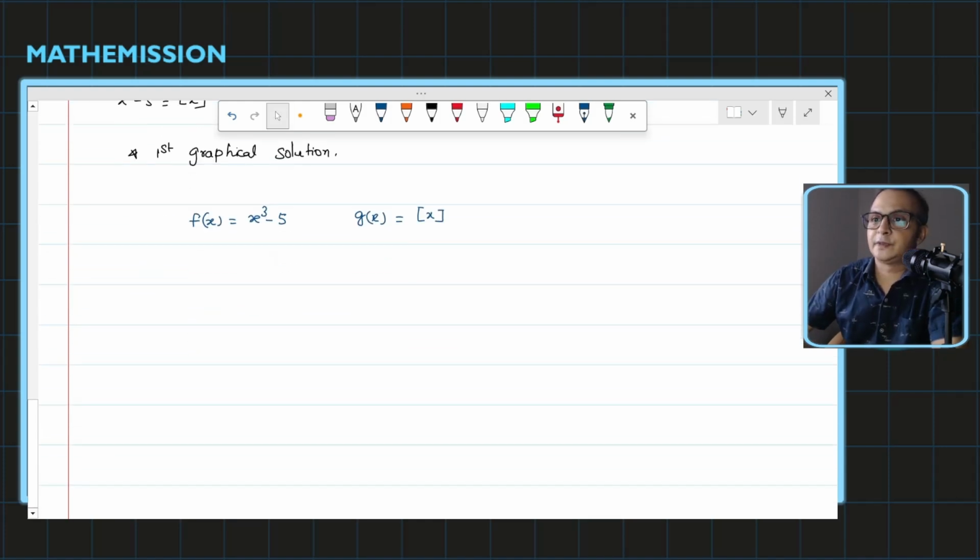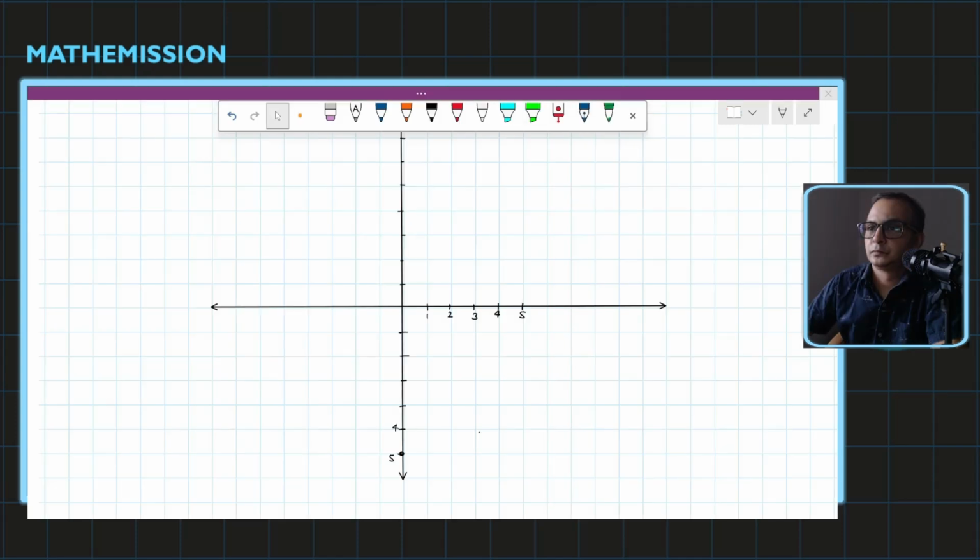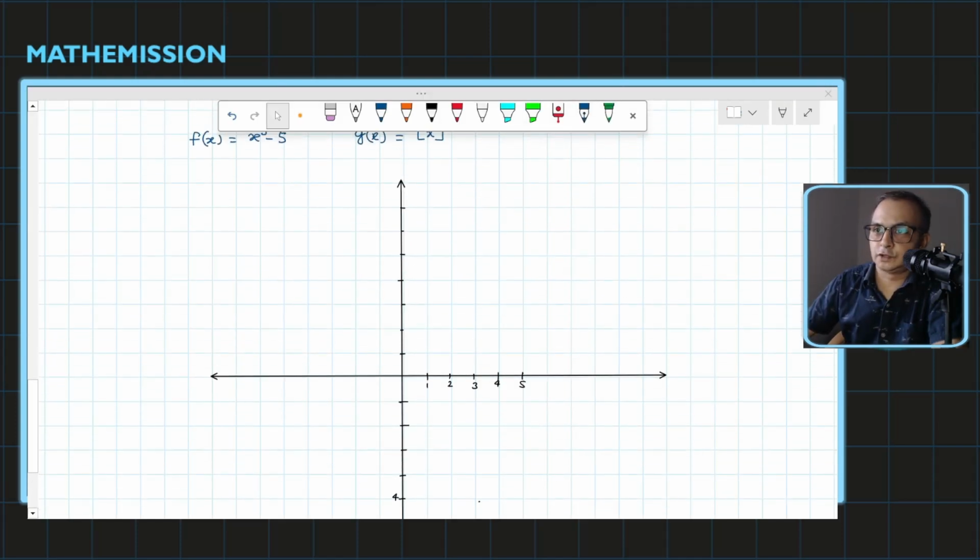So for that, let me convert everything into a grid so that it will be easy to see where the numbers are. So first we draw the graph of the greatest integer here, and we see this is the graph of the greatest integer from 0 to 1, then 1 to 2, then 2 to 3, then 3 to 4, then 4 to 5, and then 5 to 6.